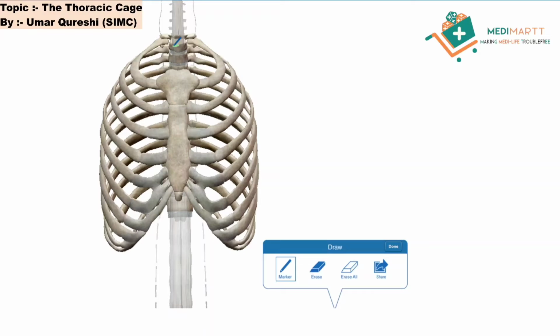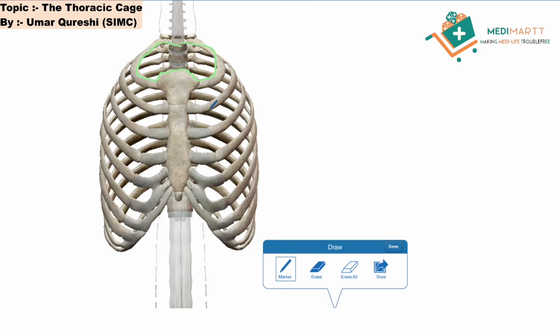At the sides by the first rib and its cartilage, as I already told you that the rib is attached with the sternum with the help of the cartilage, and in front by the upper border of the manubrium. So basically what it is trying to say is: thoracic 1, then the ribs, then the cartilages and the upper border of the manubrium. That is the point.